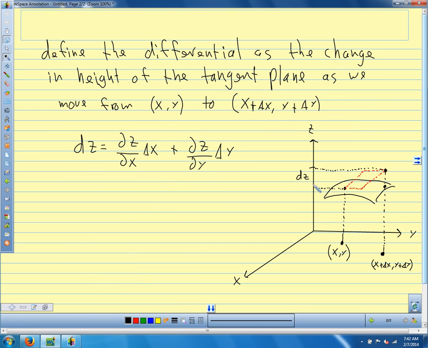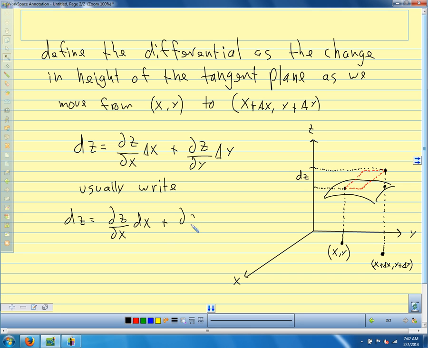This is our differential. We usually write dz equals dz/dx dx plus dz/dy dy. We're not saying that dx and dy are infinitesimals. These are increments. We just happen to use the same notation.